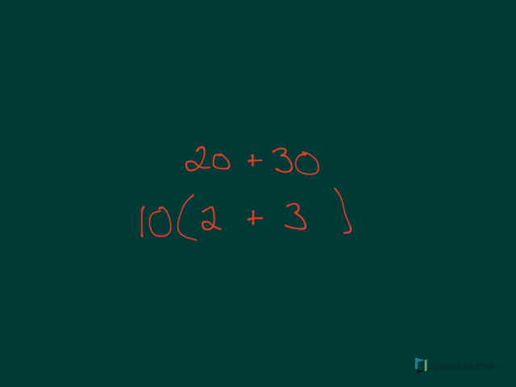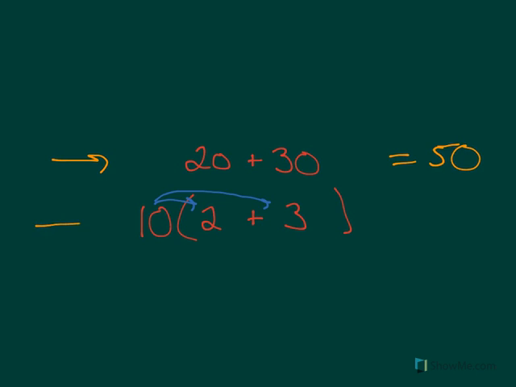So if you were to distribute the 10 back in, then you have what you had originally. You would have the 20 and the 30. And notice you're not changing the value of anything. For example, the 20 plus the 30 that we had originally is equal to 50.